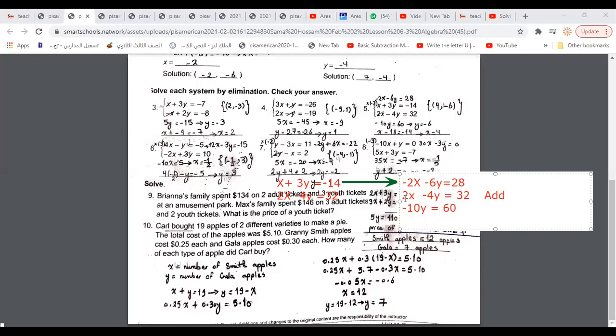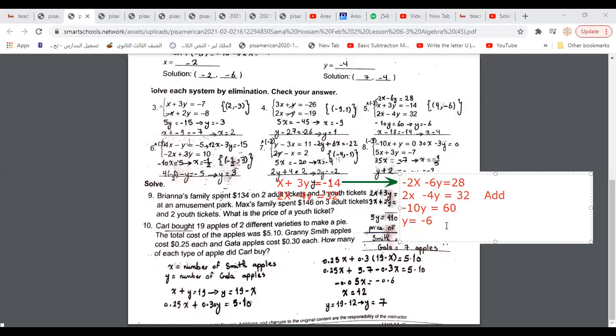Salma. By negative 10. Divide both by negative 10. Then y equals 60 divided by negative 10 equal how many, Adham? Negative 6.